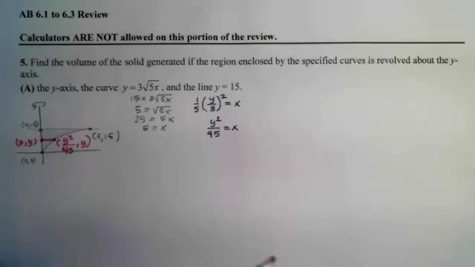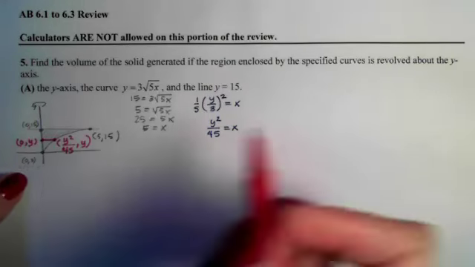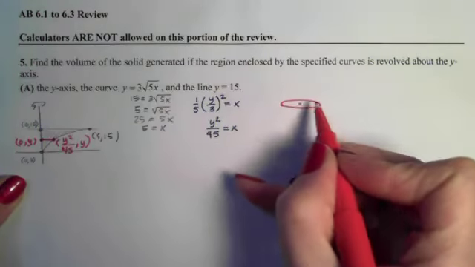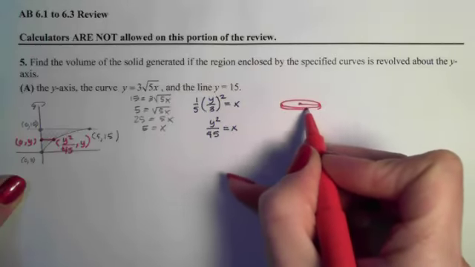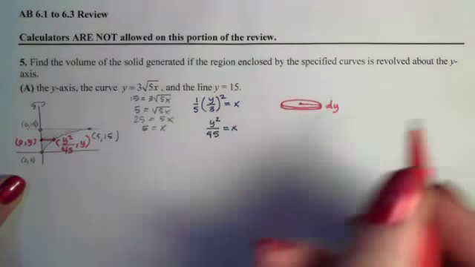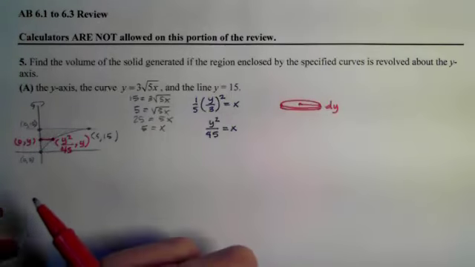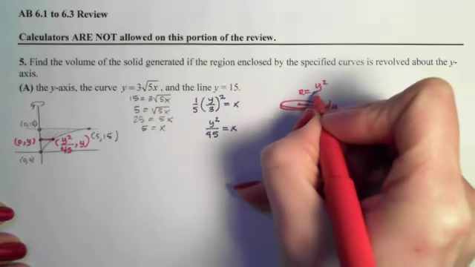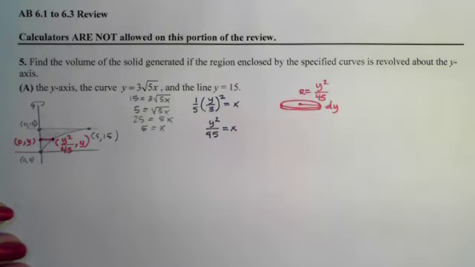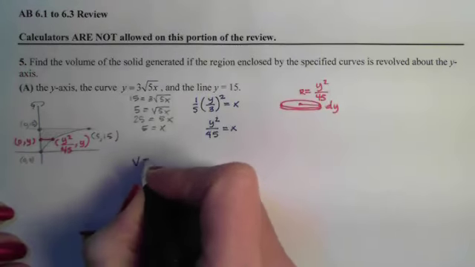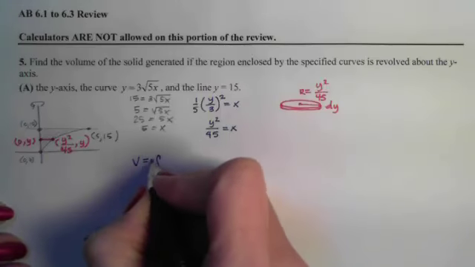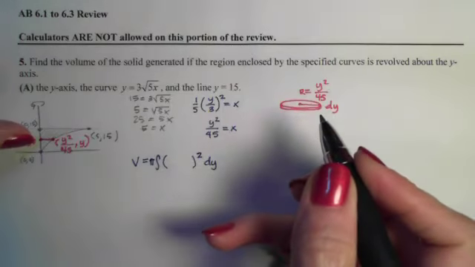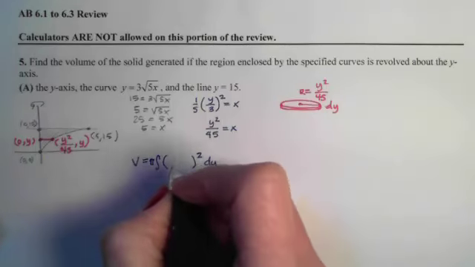Alright, so now when I create my representative slice, we can see that this is going to wrap around and become a disc. So that inner radius is going to be 0, and the thickness is going to be dy. The radius will be the length of that strip, which is y squared over 45. So when I set up my integral, the volume is the integral with the pi times that big radius squared dy, and the y's are going to go from 0 up to 15.